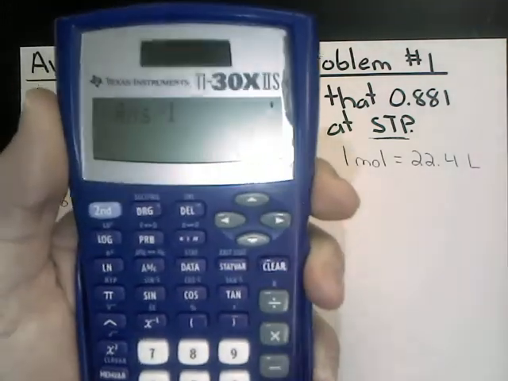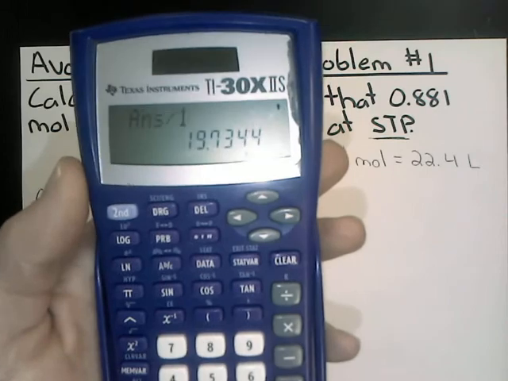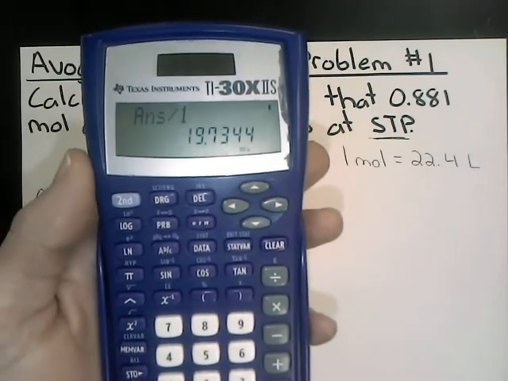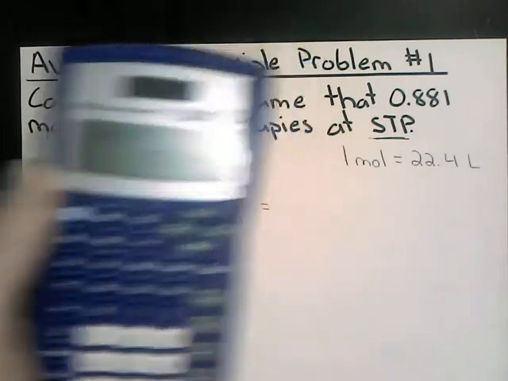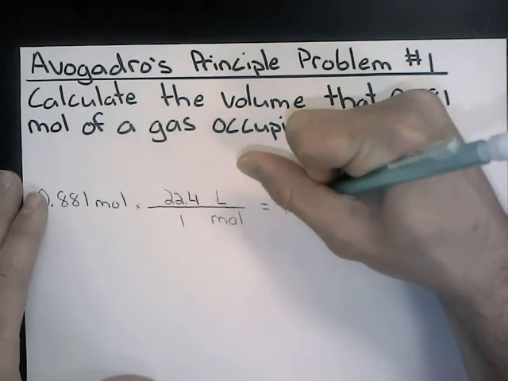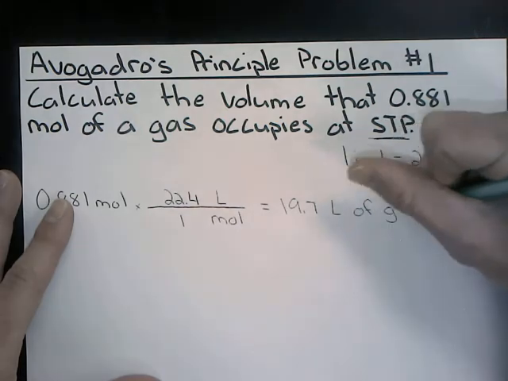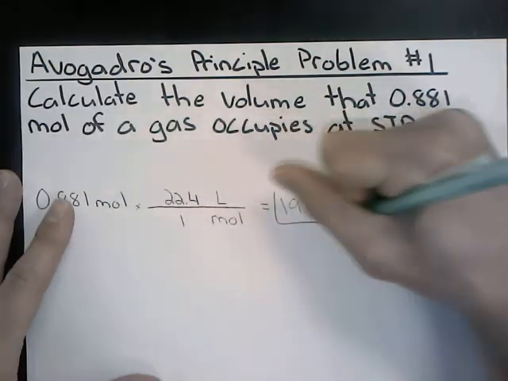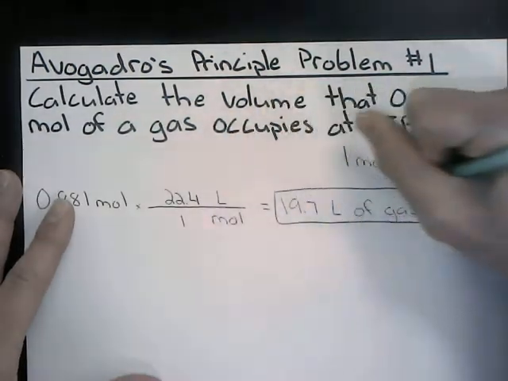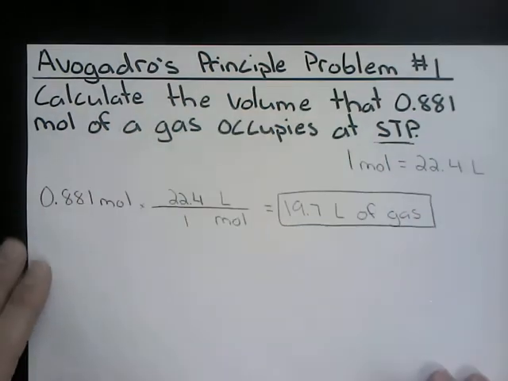We divide that number by 1, and if we round to 3 total digits, we get a volume of 19.7 liters. And it's as simple as that. The key thing here is you have to be under the STP conditions.